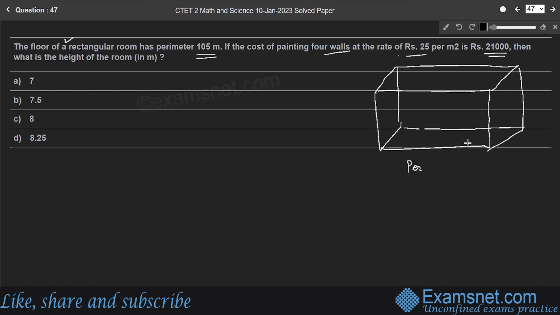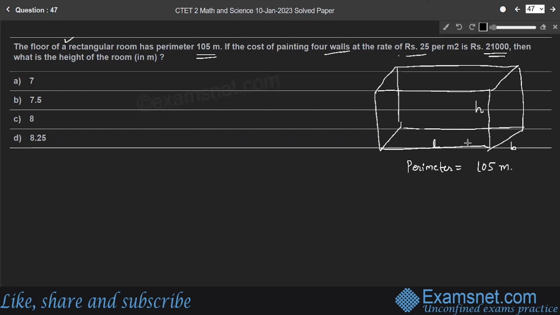Perimeter, the sum of the sides, is equal to 105 meters. So perimeter of a rectangle is nothing but the length plus breadth plus length plus breadth. So if you take L as length, B as breadth, since it is a rectangular room, it is a solid, right? Therefore, we have to take the height also, right?